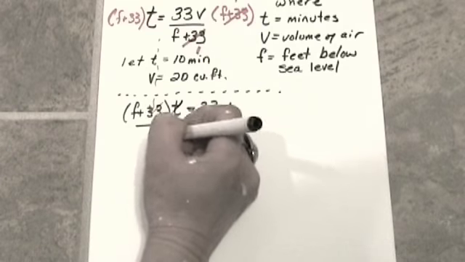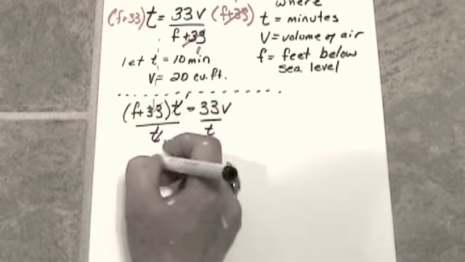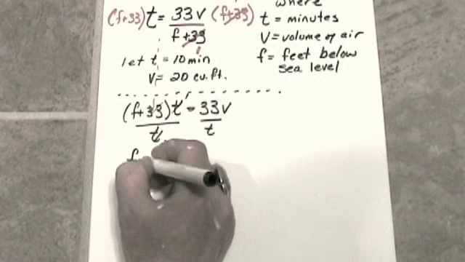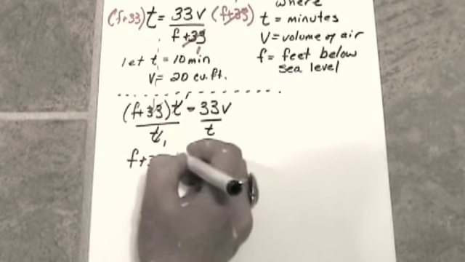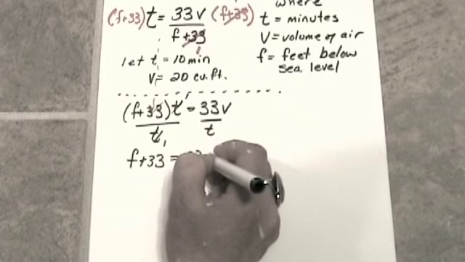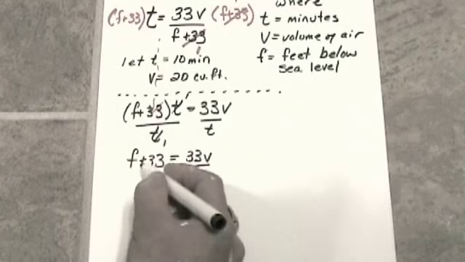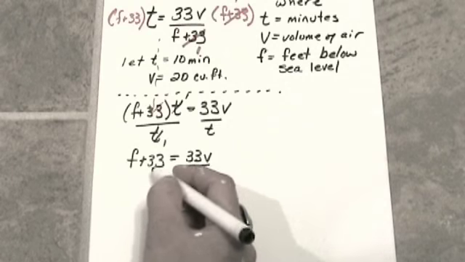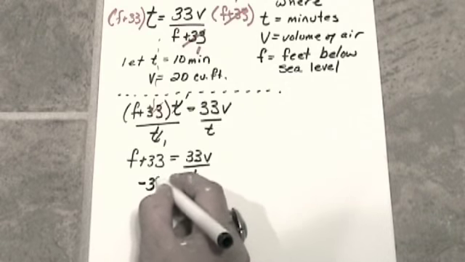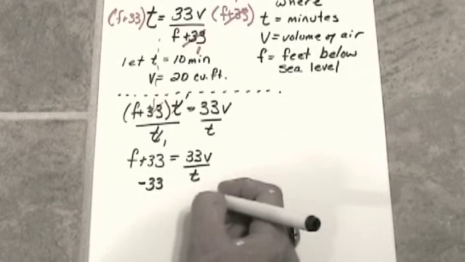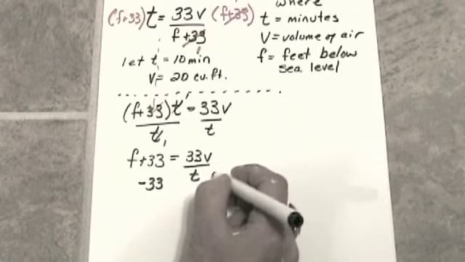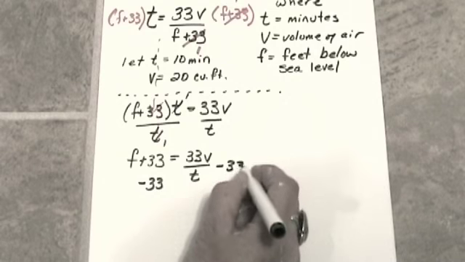Okay, T divided by T is 1, and that will now leave us with F plus 33 is equal to 33 times the volume divided by T. The last thing we need to do is remove the 33. It's being added right now, so we're going to subtract 33 from there, and we're going to subtract 33 over here.